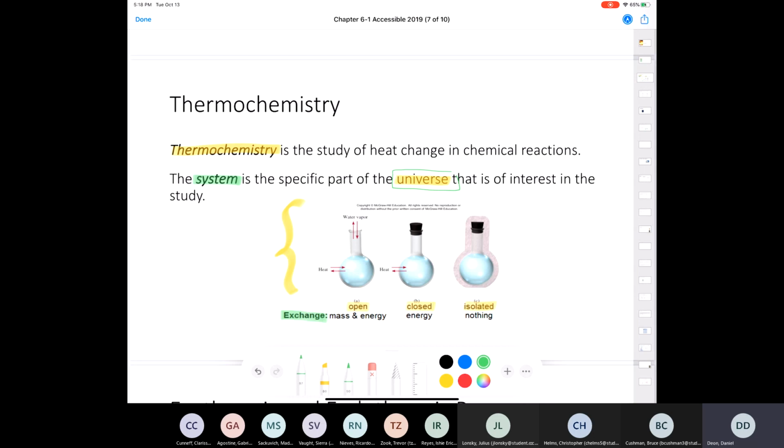It's probably not going to affect the entire universe a whole lot. And so another descriptor that we use for the universe is the surroundings, because we're really only concerned with the immediate environment that surrounds the system where the chemical reaction or the physical process is taking place.